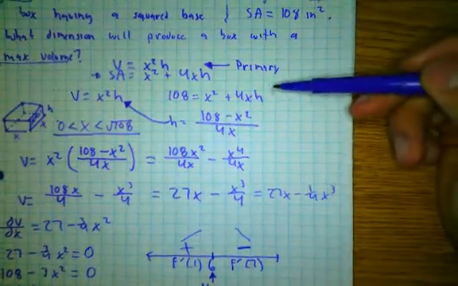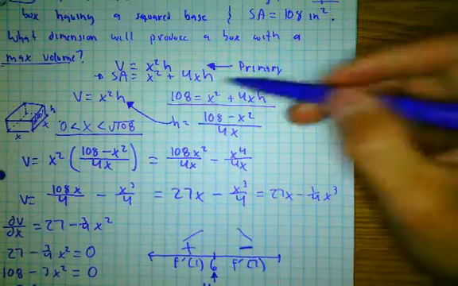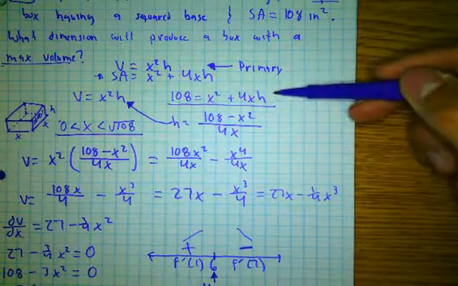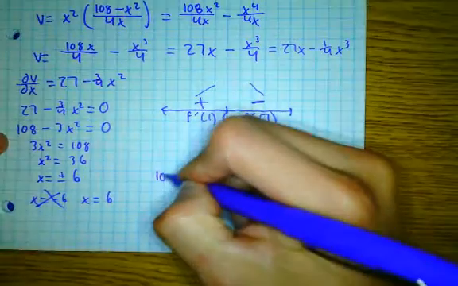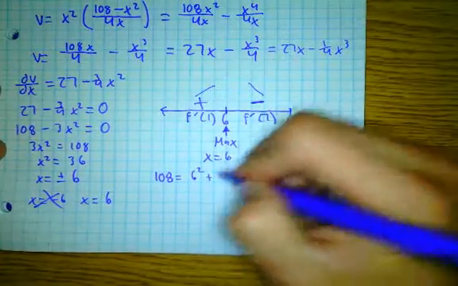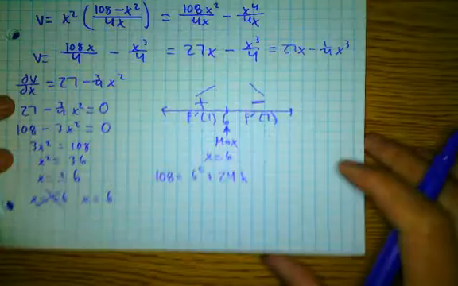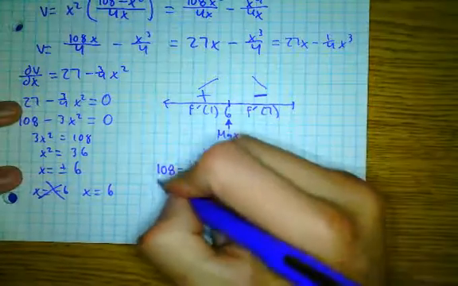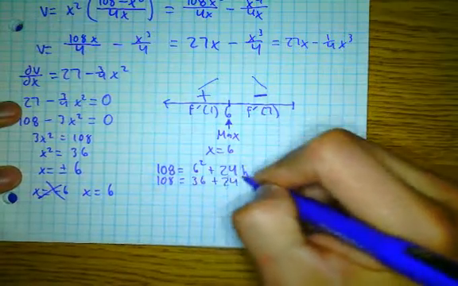So 108 equals 6 squared plus 6 times 4, which is 24h. 108 equals 36 plus 24h. 24h would be what? 72? And h would then have to be 3. Agreed?